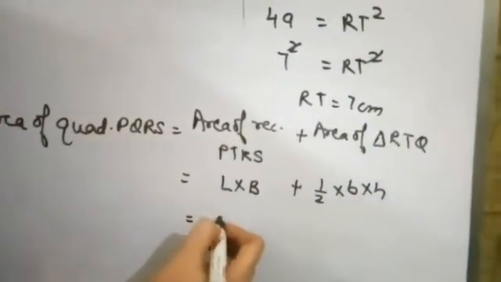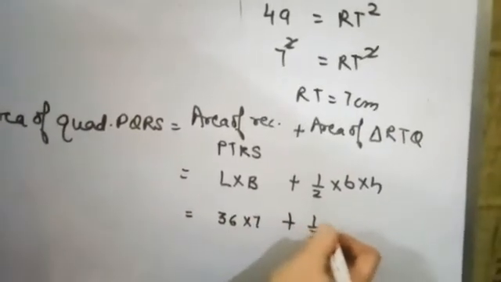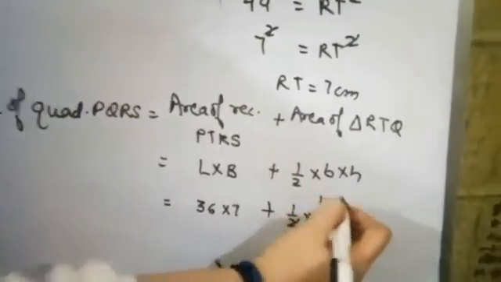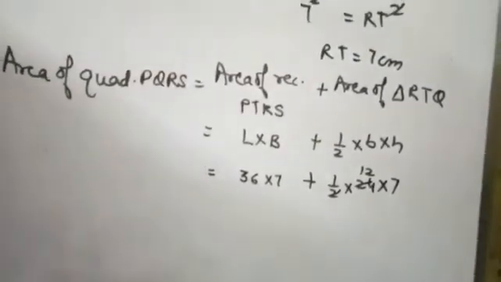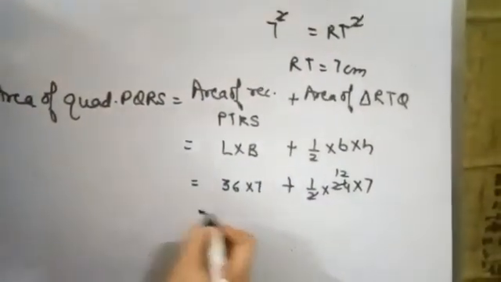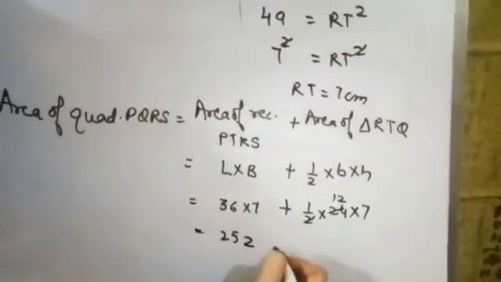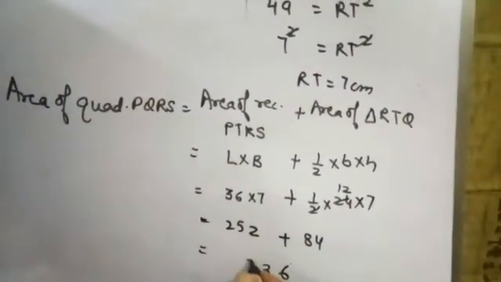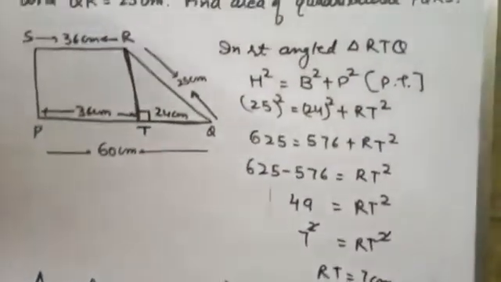Now length and breadth 36 into 7 plus half, 24, the base, into 7. 12 2s are 24. Now 36 into 7, 7 6s are 42, 7 3s are 21 and 4 is 25, 252. 12 sevens are 84. 336 centimeter square is the area of this quadrilateral.